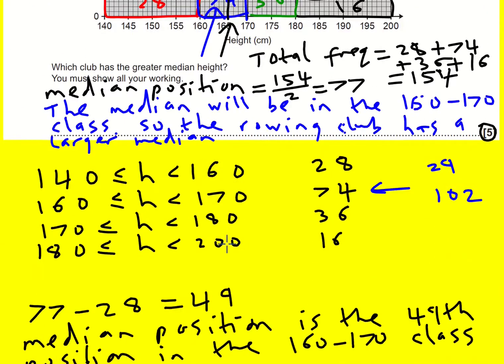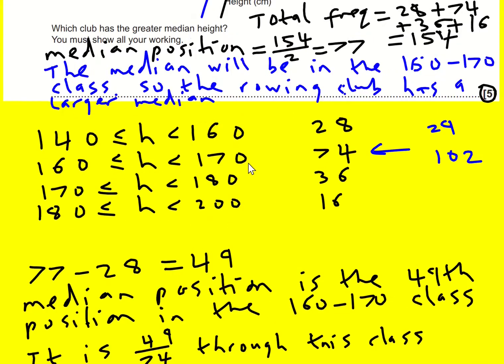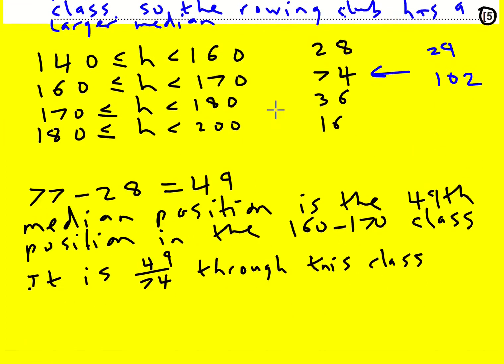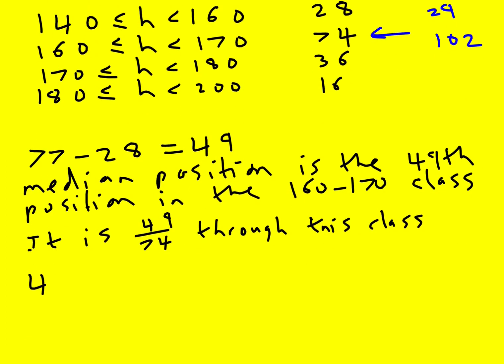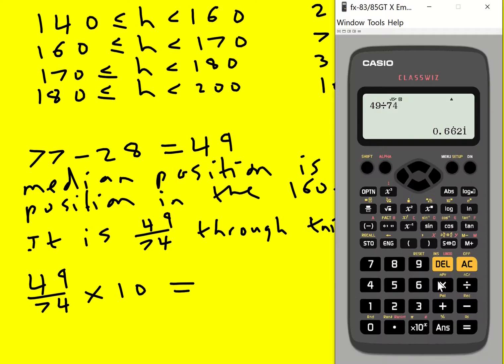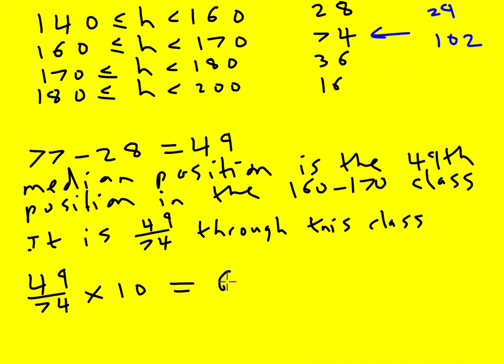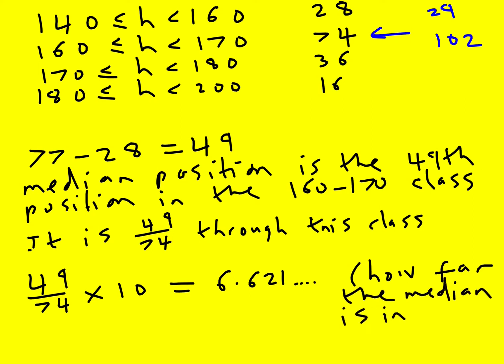But we can do better than that because I know I've got a width of 10 centimeters for the class. So I can do 49 over 74 times the width, 10 centimeters. And that will actually give me how far through the class I'm going. And it's going to be 6.621. How far the median is into the class.